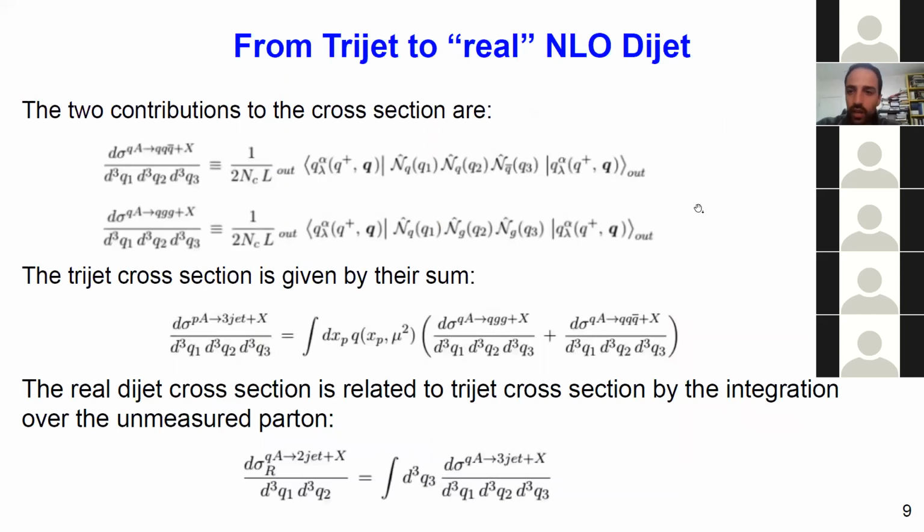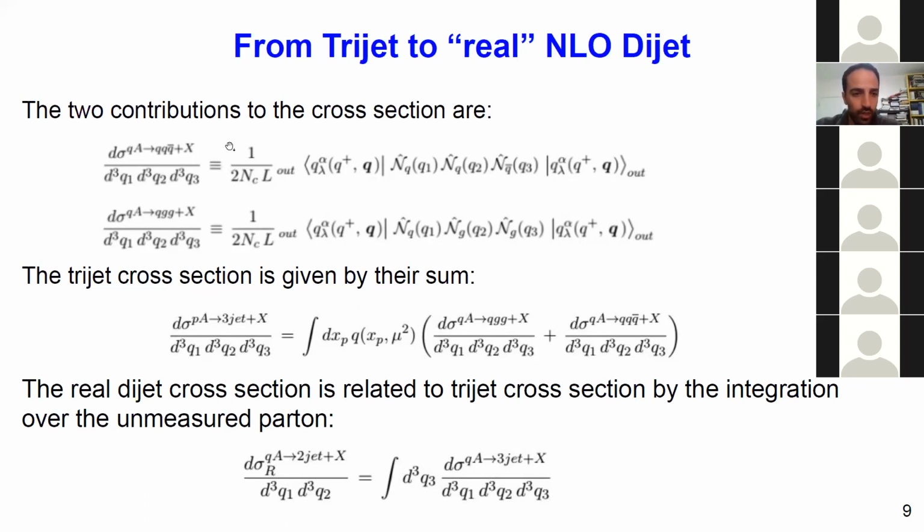Now, once we have the outgoing state for these diagrams, we can repeat the same procedure that we did for leading order. So we can compute the cross section for trijet production. We take this trijet outgoing state, plug it in, and act with the three number density operators on it. Then we have the result for the partonic cross sections for the case of two quarks together with an anti-quark and a quark together with two gluons.